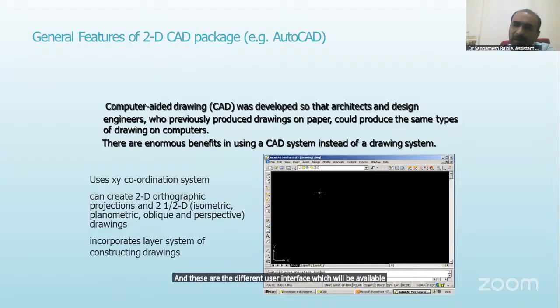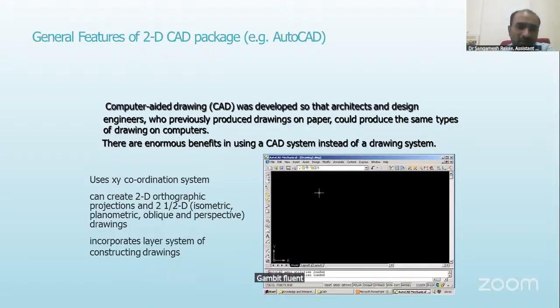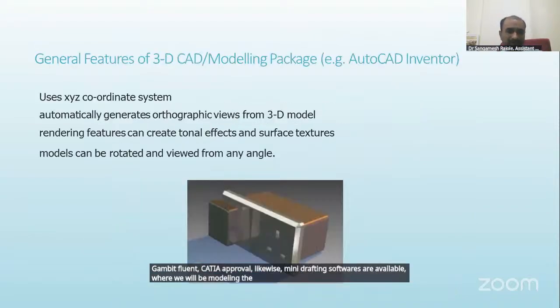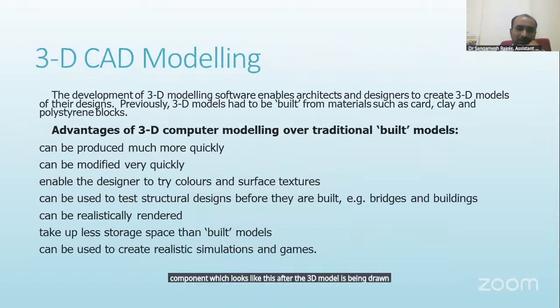These are the different user interfaces which will be available. There are many CAD packages available, starting from SolidEdge, SolidWorks, Gambit, Fluent, CATIA, Pro. Likewise, many drafting softwares are available where we will be modeling the components. This is the general typical component which looks like this after the 3D model is drawn.